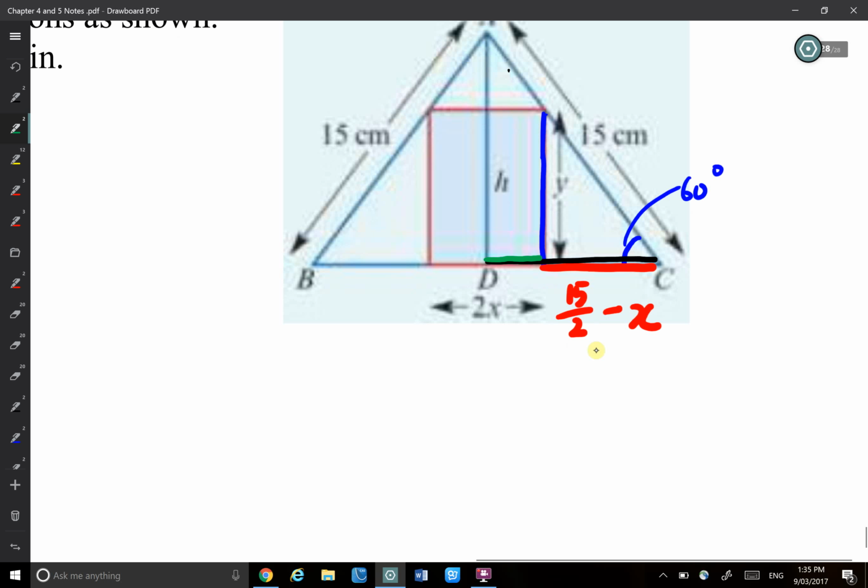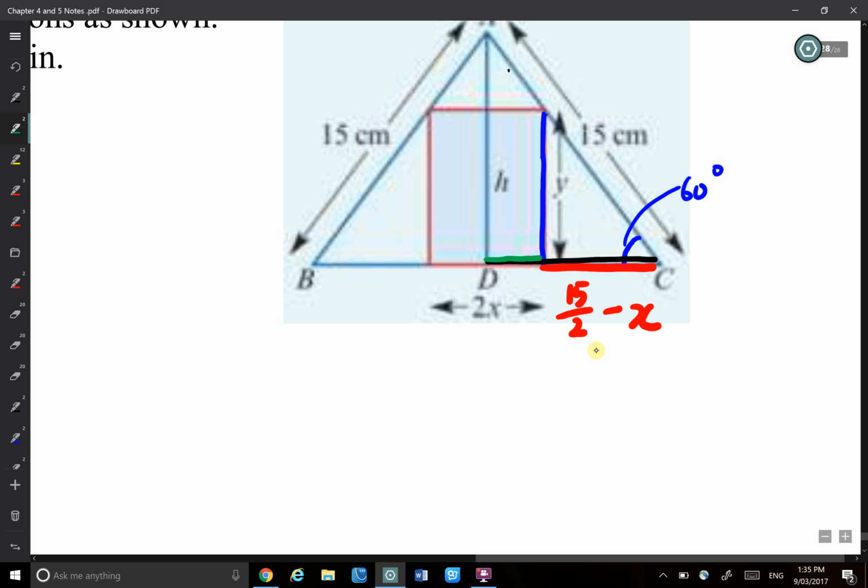You have y here, which is opposite the 60 degree angle, and you have the adjacent side here. So you need to write a tangent equation. Tangent 60 equals y over 15 over 2 subtract x.